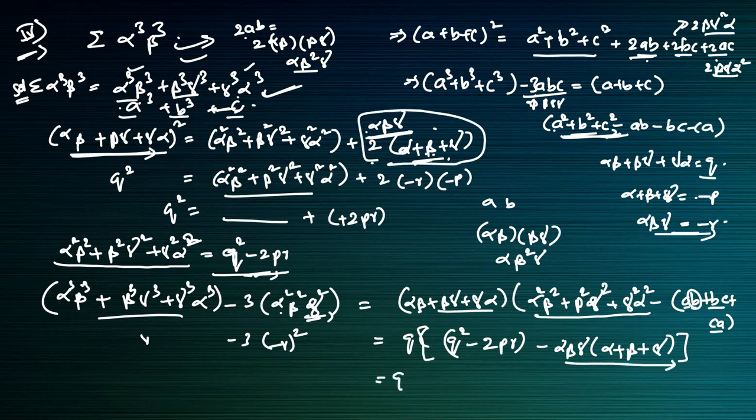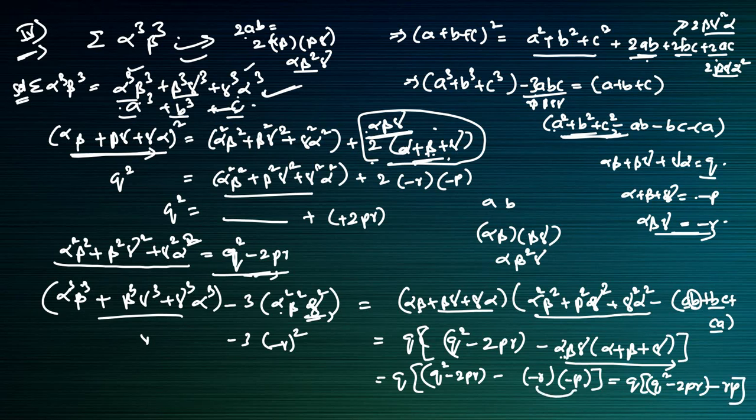Now here q into q square minus 2pr. It will become alpha beta gamma is equal to minus r, into alpha beta minus p, so it will become rp. So here I am writing q into q square minus 2pr, minus rp will come here, r into p, rp.